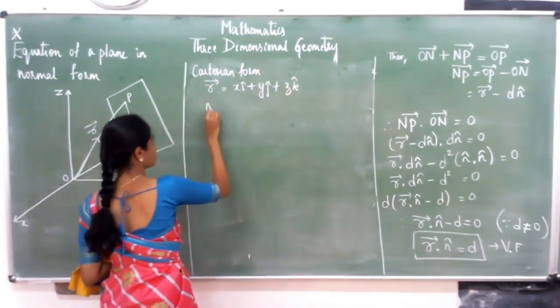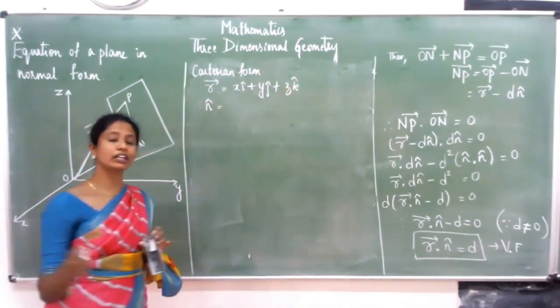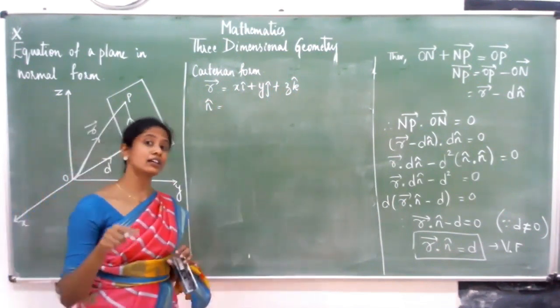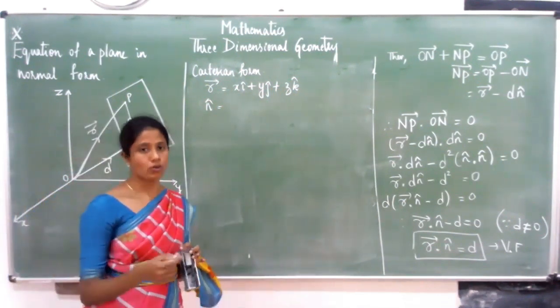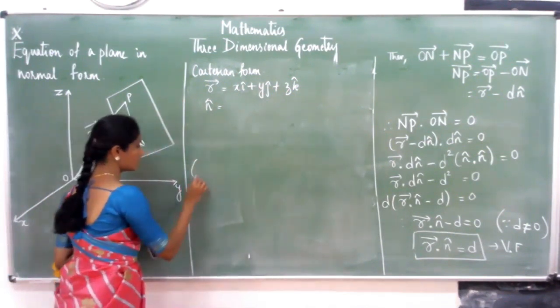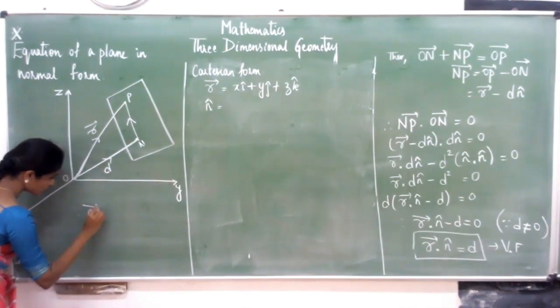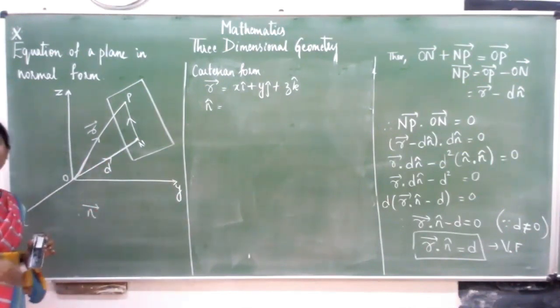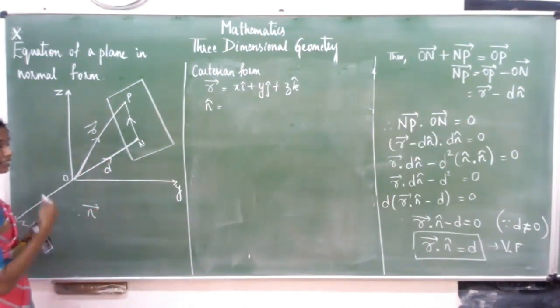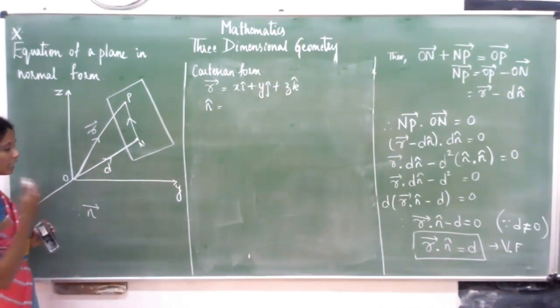Next, we need to write what n cap is. Here, they have not asked for the vector, they have asked for the unit vector. So this you should remember, very important. First we should know what vector n is, then we can easily find the unit vector n cap.